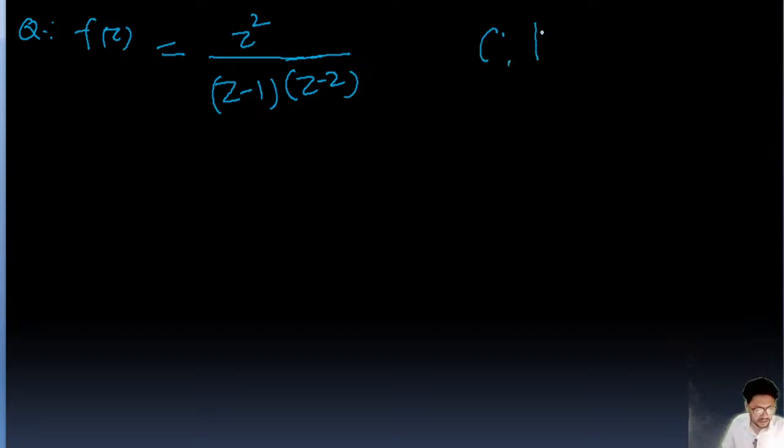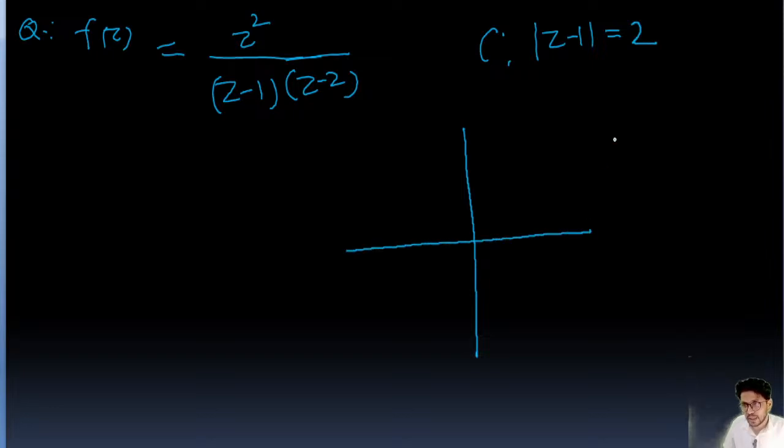The contour is mod z minus 1 equal to 2. Since the contour is mod z minus 1 equal to 2, it means there is a circle whose radius is 2 and whose center is at z equal to 1.